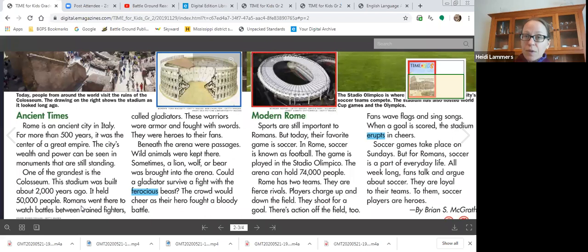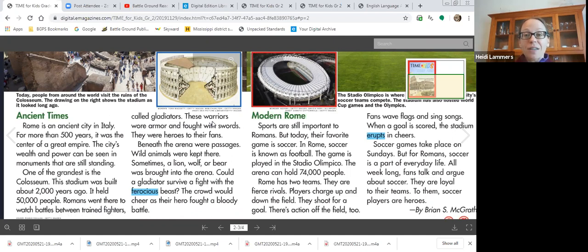Romans, those are the people that live in Rome, Romans went there to watch battles between trained fighters called gladiators. So what's a gladiator? A trained fighter. These warriors, again, another word for fighter. This is our detail here.